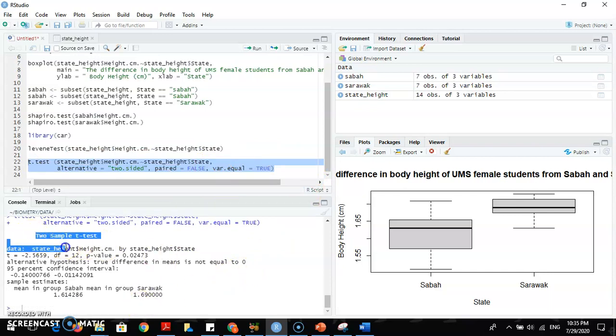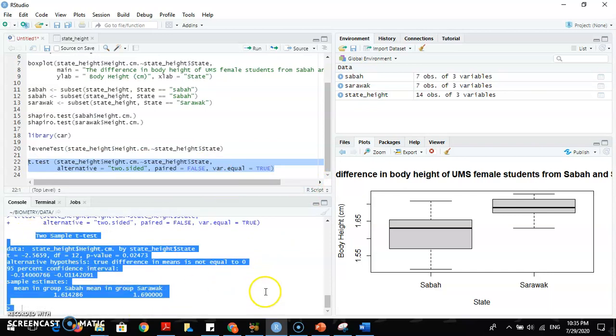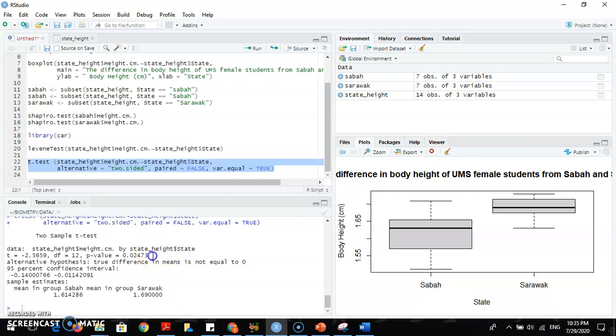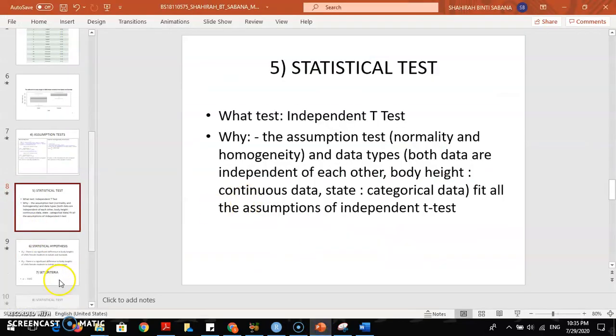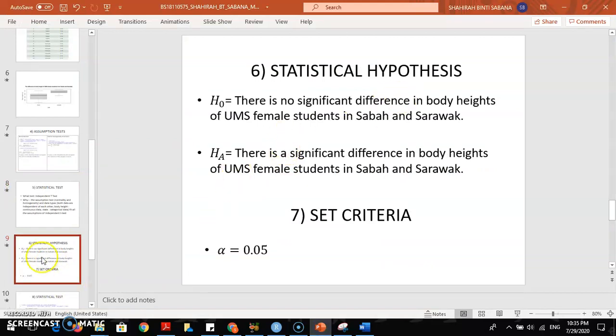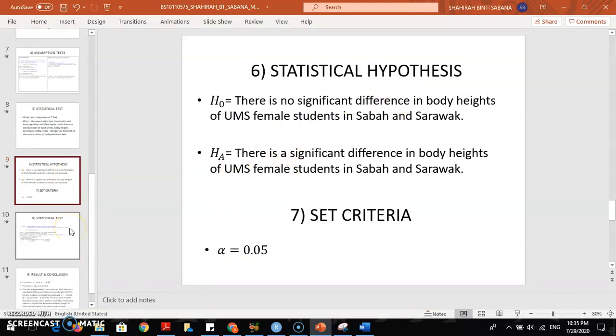This is the two sample t-test result, and as you can see, the p-value is smaller than 0.05.